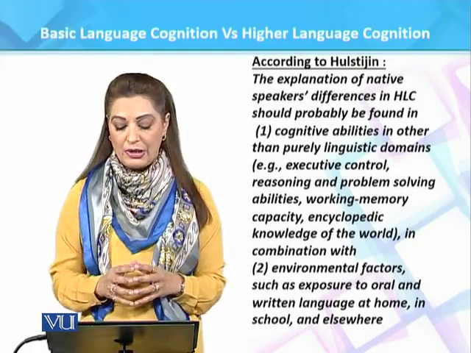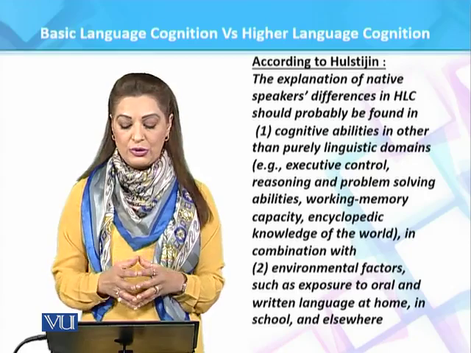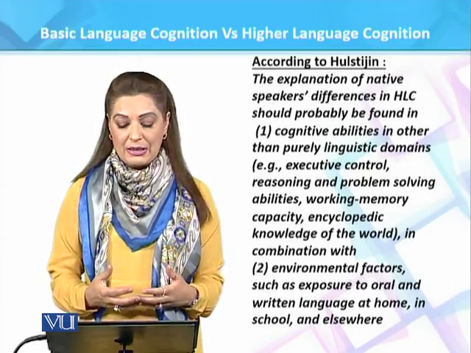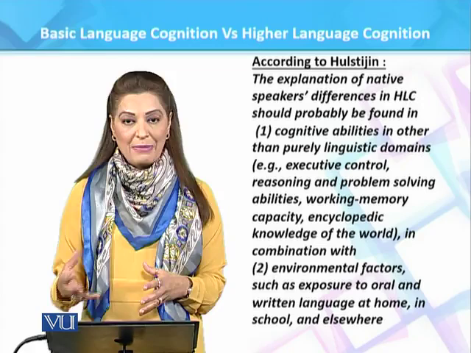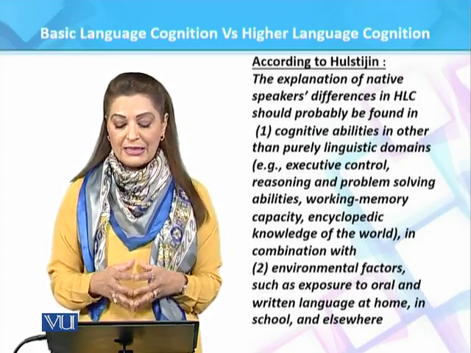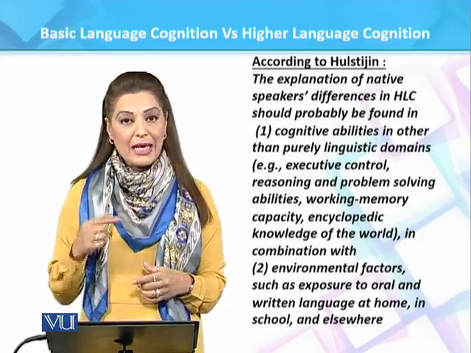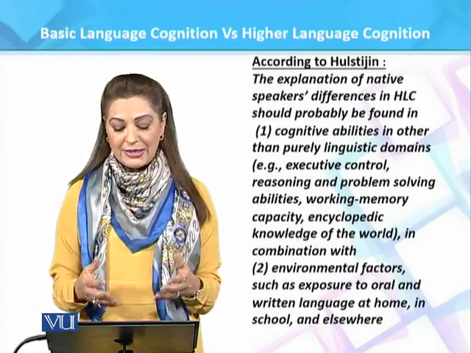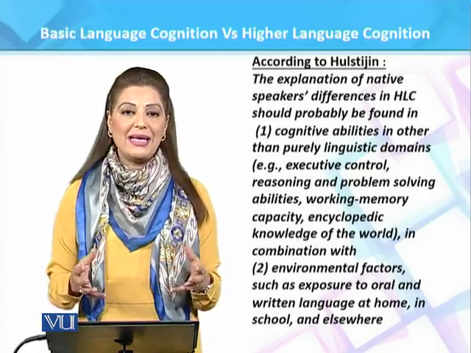For example, executive control, which is the overall dominating control, reasoning in interpreting or solving problems, working memory in terms of short-term and long-term memory capacity, encyclopedic knowledge of the world, the huge, humongous information, in combination with environmental factors, such as exposure to oral and written language at home, in school, and elsewhere.